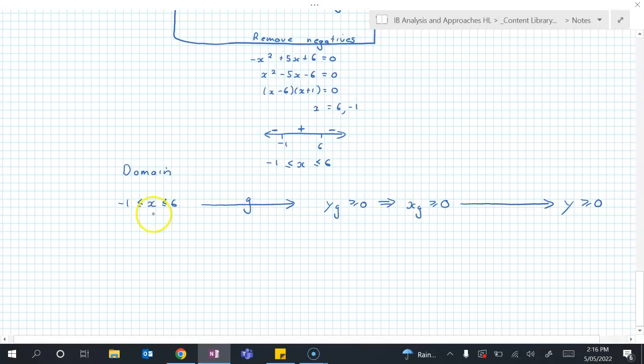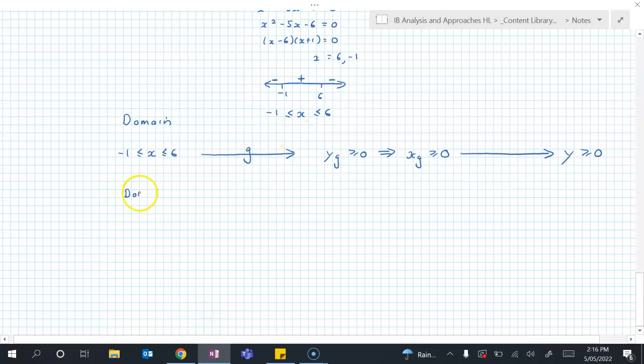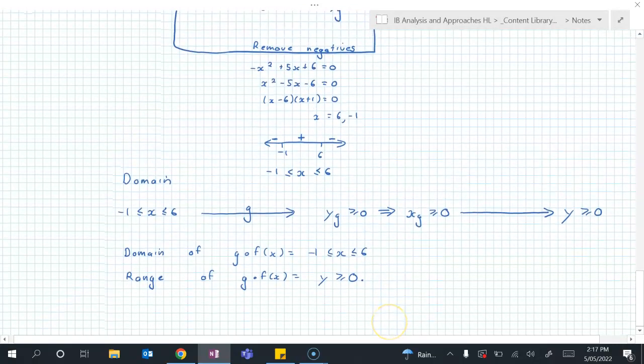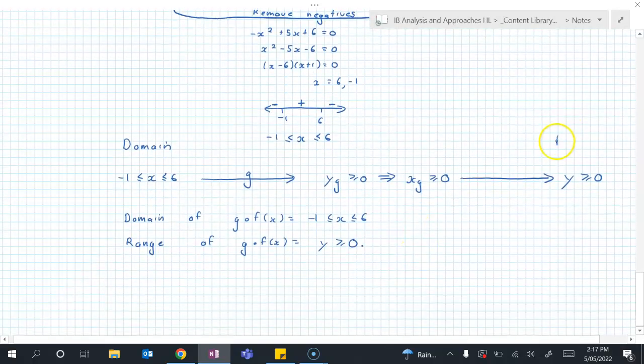And so my domain of this composition of f circ g is the values between 6 and minus 1, and the range of f circ g is all the values greater than or equal to 0. And I hope that gives you some idea of how we can use a diagram to work out the domain and range of a composite function, but we will talk about it in class as well.